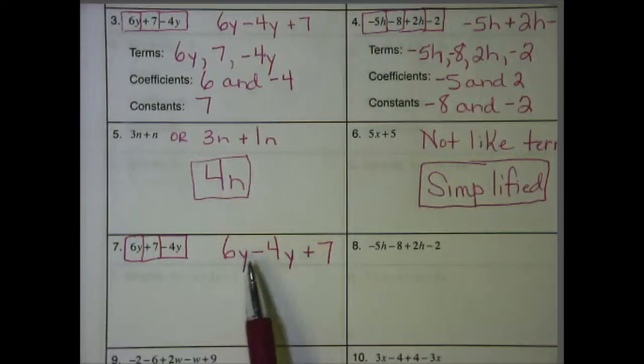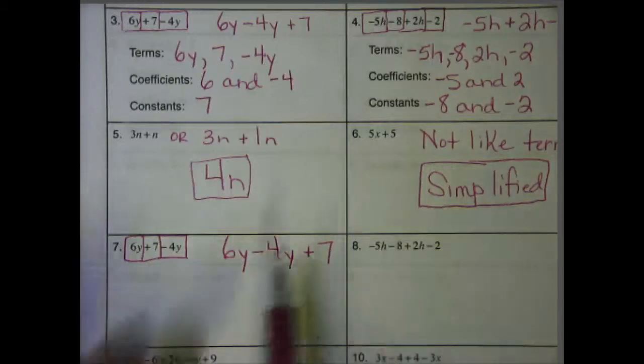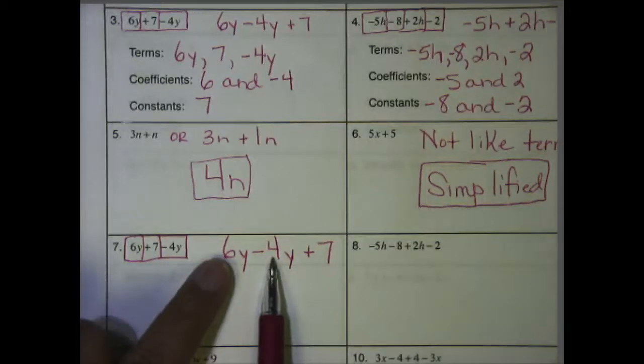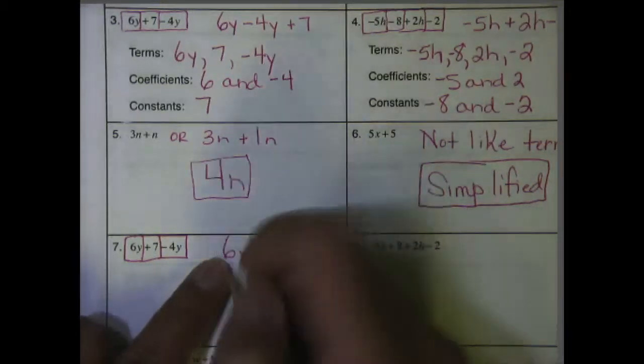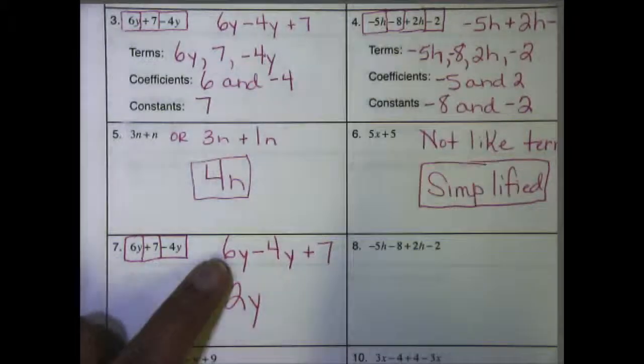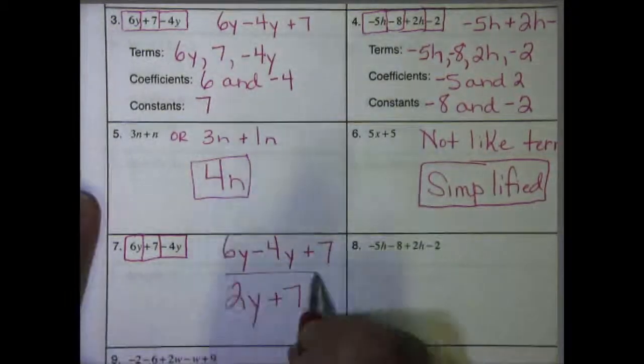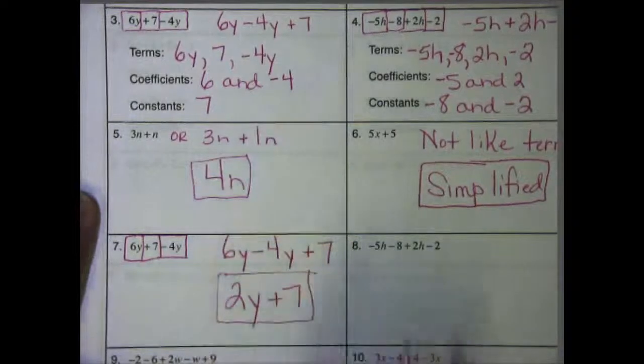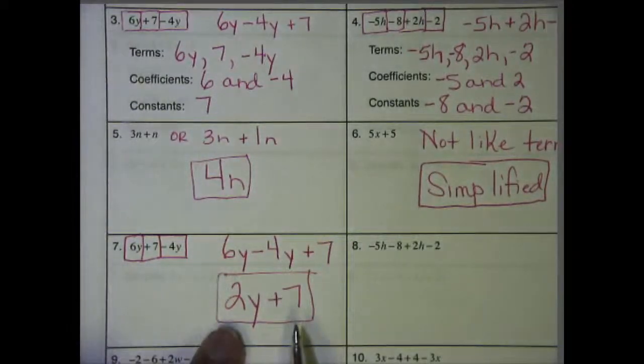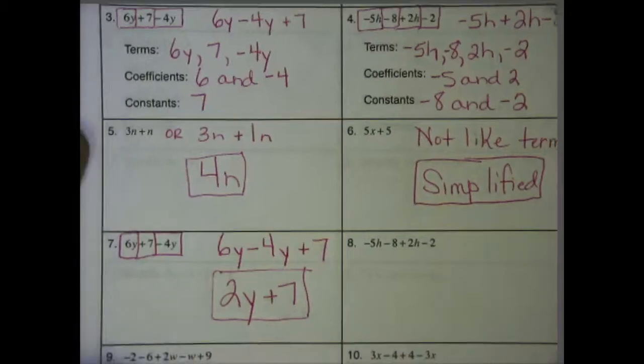So these have the same variable, meaning they're alike. So I'm going to subtract my 2 coefficients. 6 minus 4 is 2. The y stays the same. And then plus 7. And remember, I cannot add 7 to 2y because 2y and 7 are not like terms. They don't both have a variable, or they are not both constants.